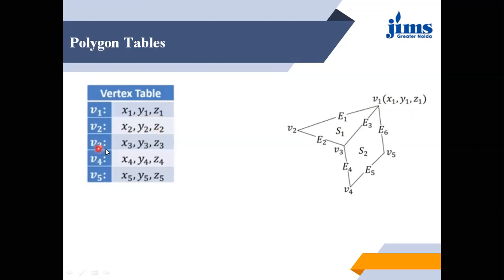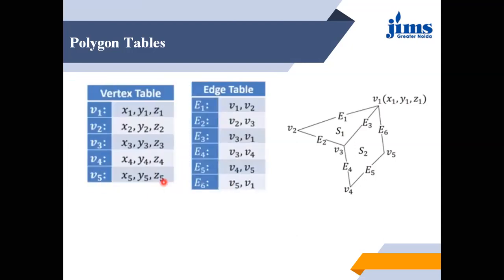For V3, X3, Y3, Z3. For V4, it is X4, Y4, and Z4. And for the last one, V5, these are X5, Y5, and Z5. So this is a vertex table where we can store all the information of the vertices.